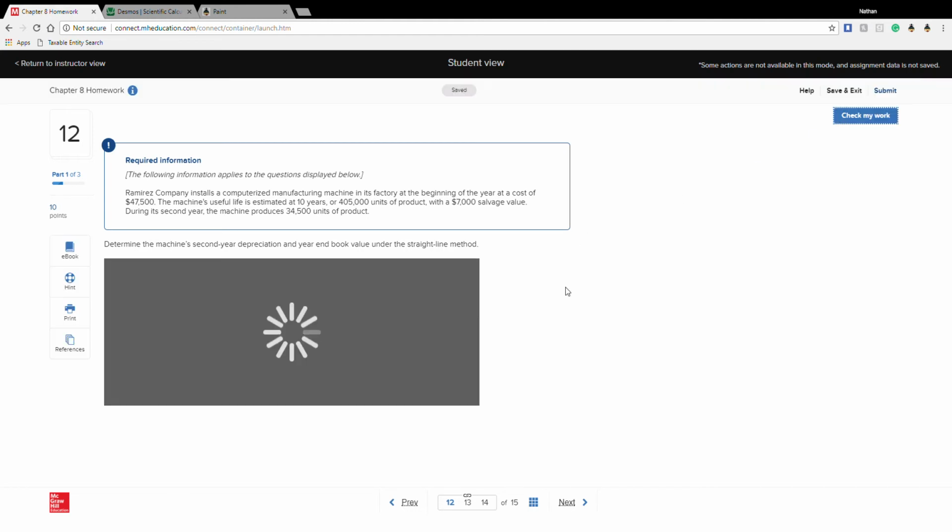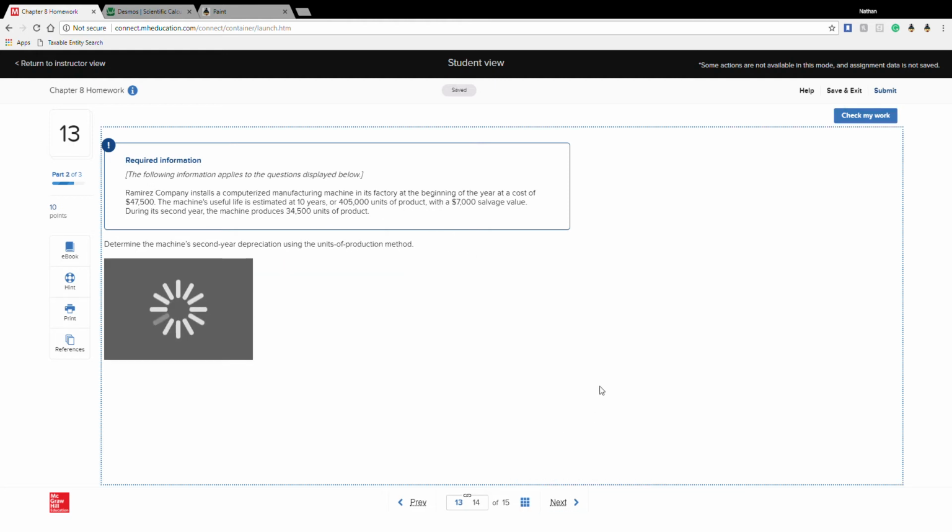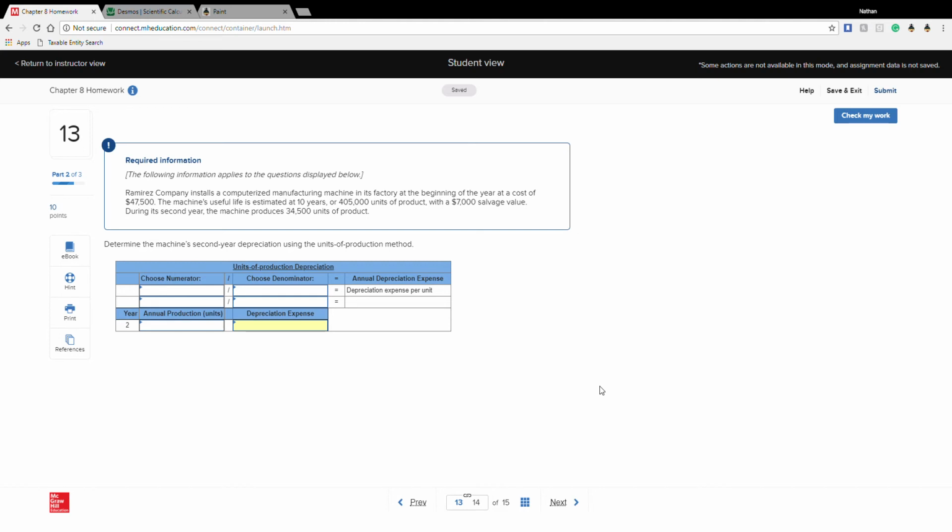Alright, so let's see what question 13 is going to have. Most likely, if we have straight line, and I see units of production, it may jump to units of production. And it does. Oh wow. So, again, formula is going to look the same, except the denominator has estimated useful life.